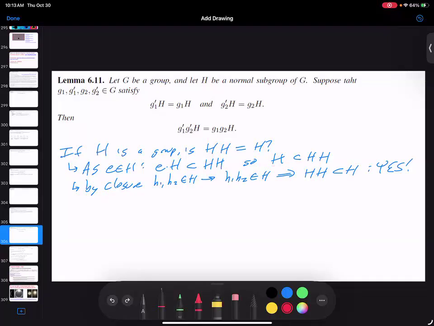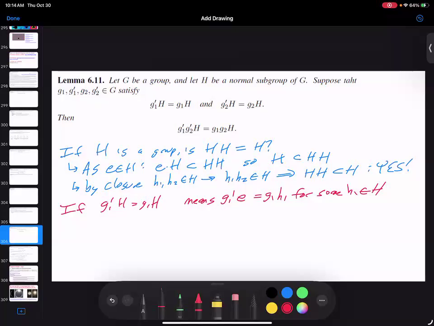Well, if g1 prime H equals g1H, that means g1 prime times e has to equal g1h1 for some h1 in H, right? Because the cosets are the same, for any element in one, it's got to match up with an element in the other.